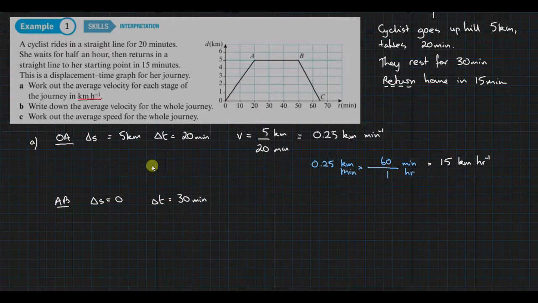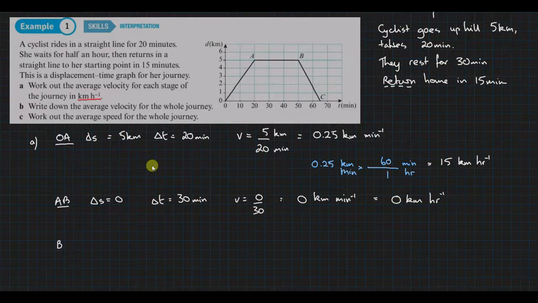The delta just means a change, because we're not talking about always starting from 0. So V equals 0 over 30, which is 0 kilometres per minute. And it doesn't matter if it's per minute, that's also the same as kilometres per hour. But be expressive, do tell them what's happening.